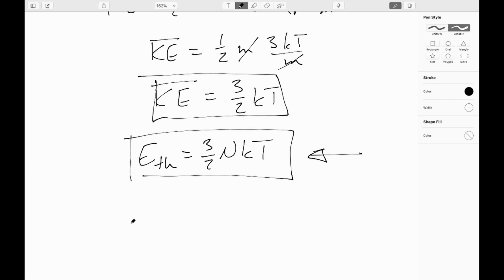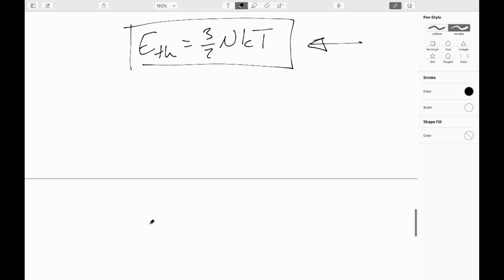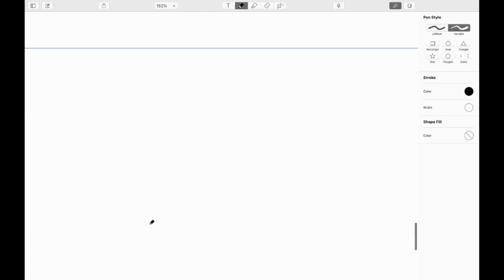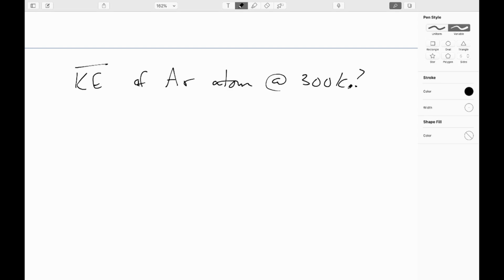So just to get some sense of this, let's figure out the average kinetic energy of an argon atom at 300 Kelvin. And while we're at it, what is its RMS speed?